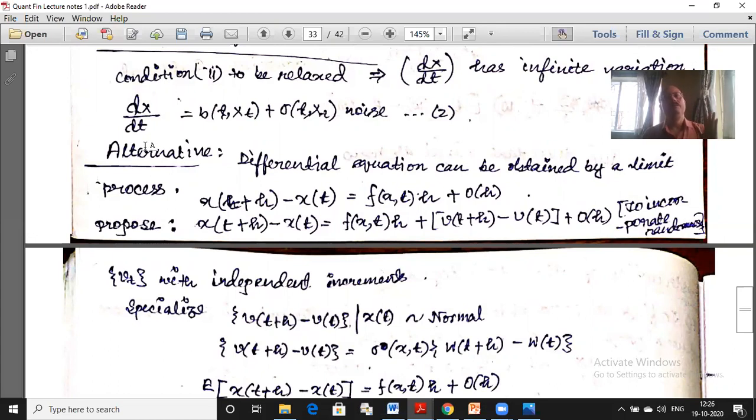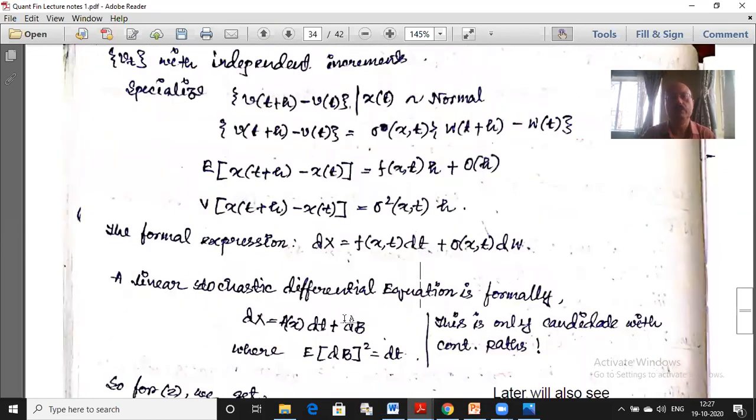So to allow infinite variation in dx/dt, we stop using the ratio. We stop writing the differential equation in the ratio form, but rather we write it in the incremental form, like here in dx form. Because in dx form, I can make sense of the resulting random variable. I can find out the expectation and variance of the resulting random variable.